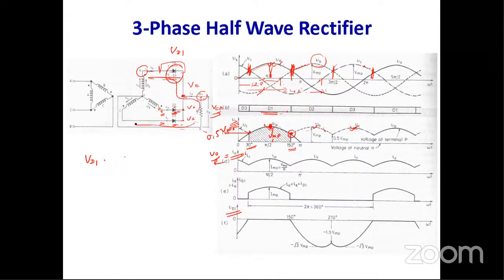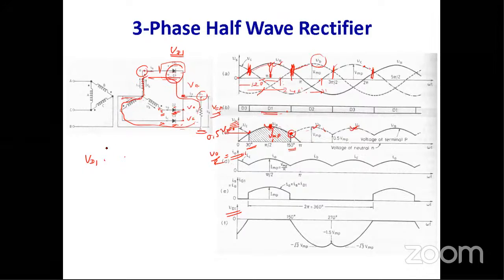We are applying KVL from this point to this. Three voltages are there: VD1, the output voltage, and the A point voltage.